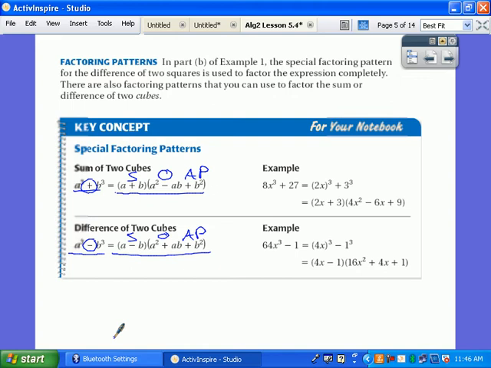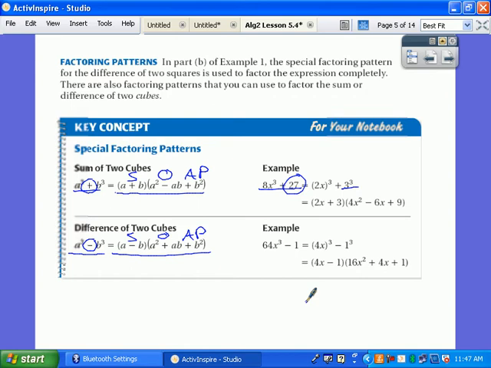And the last part of this is we're going to have to rewrite. So look at the example here. We're going to have to rewrite the first term as something cubed, and we're going to have to rewrite the last term as something cubed. Now in this case, 27 is easy to see that it's 3 cubed. I think most of you could see that comfortably.